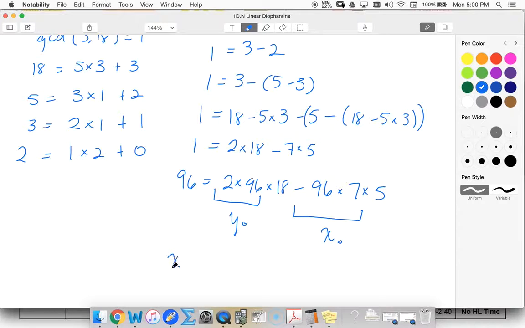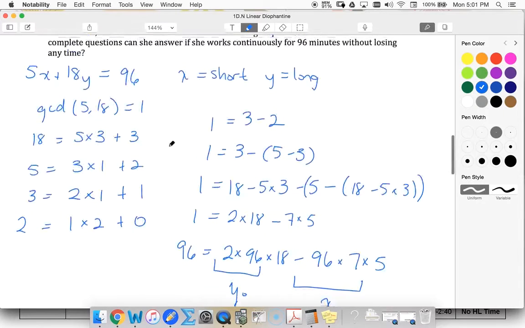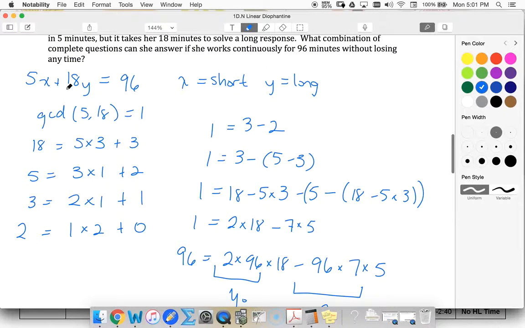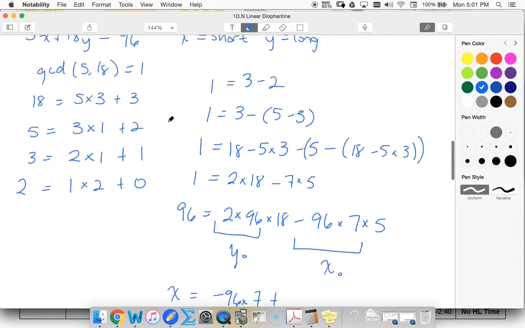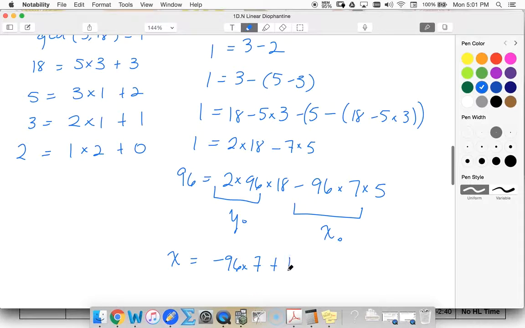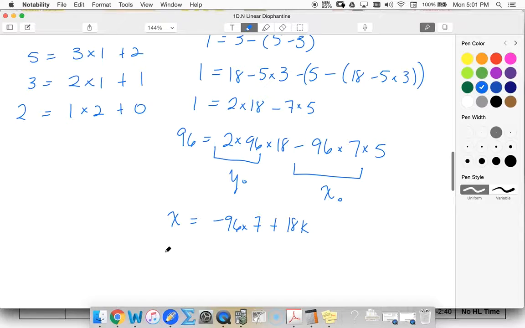So I know in general my x values are going to be negative 96 times 7 plus 18 over 1 times k. Remember, I'm saying 18 over 1 because that was my GCD.